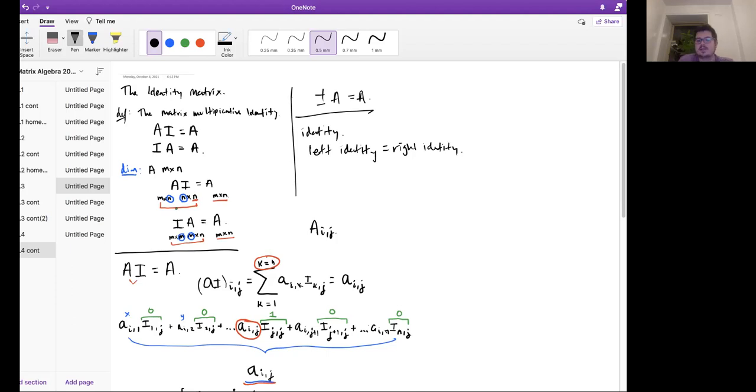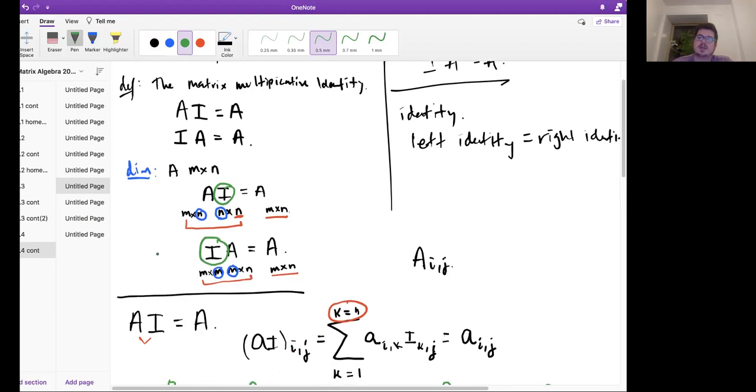In these cases, we had different I's here. If we want those two I's to be the same thing, what does that say about the dimension of A?